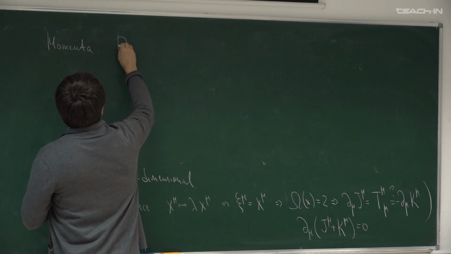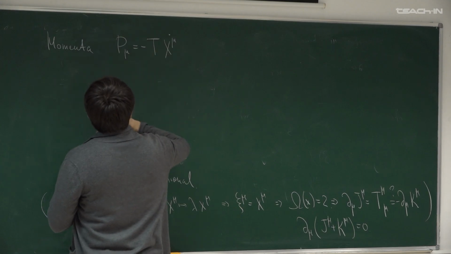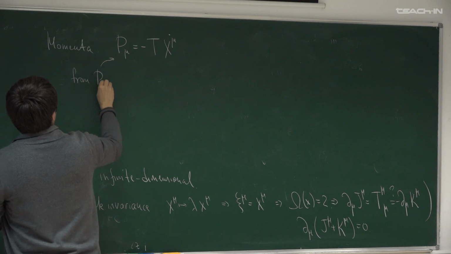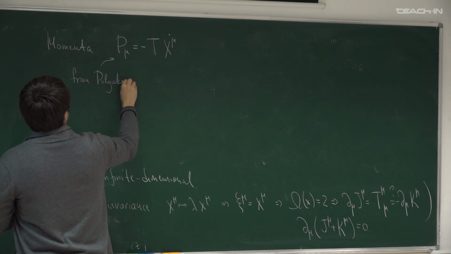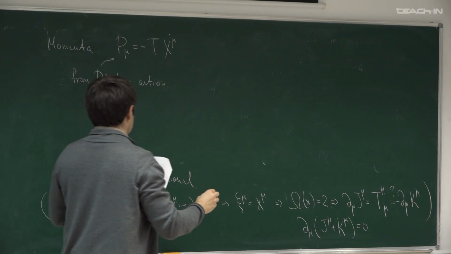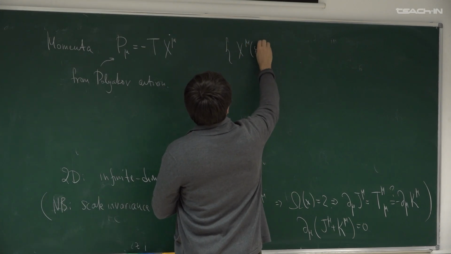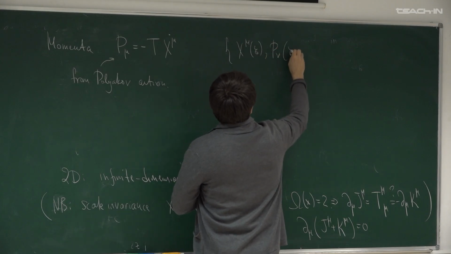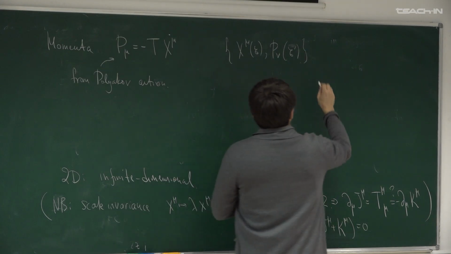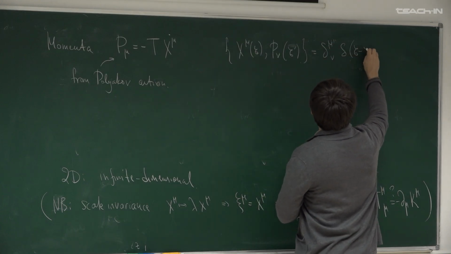We have momenta, which are related to the velocities in the standard way. And the Poisson bracket is the standard Poisson bracket, so {x^mu(sigma), P_nu(sigma')} equals delta^mu_nu delta(sigma minus sigma').